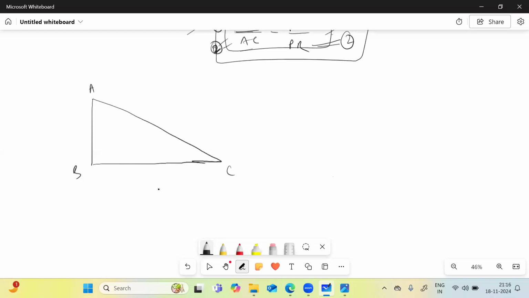I'll draw a perpendicular from B to AC, which is BD.